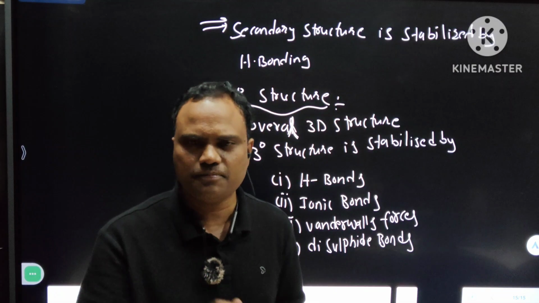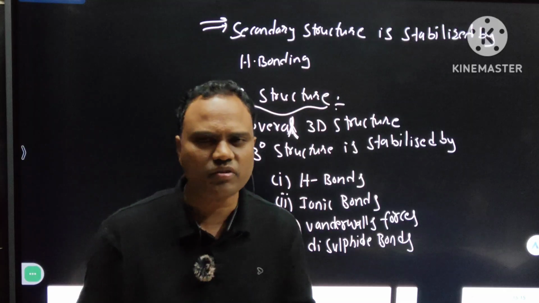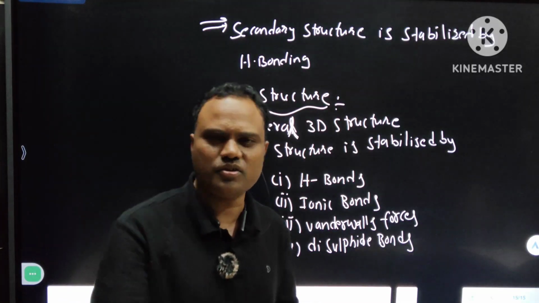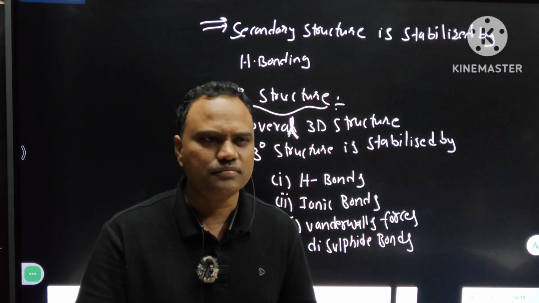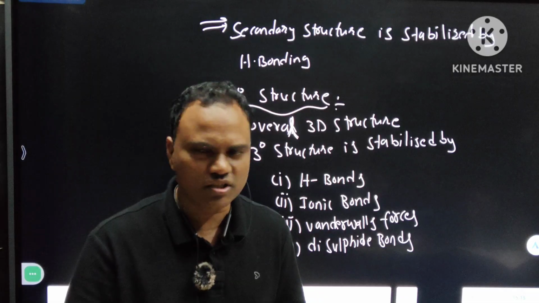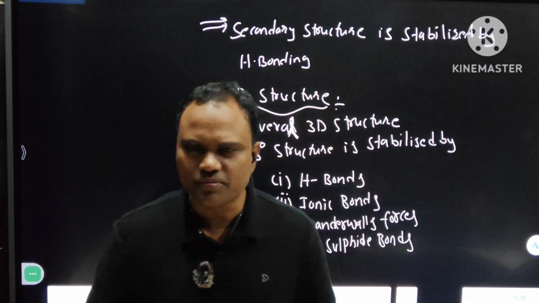Denaturation of protein means changing the property of a protein. For example, egg albumin, egg white. What happens when we boil it? Its liquid shape is converted to solid, so we are changing its property. Curdling of milk: one protein is present in milk, and during curdling it changes into a solid type substance.